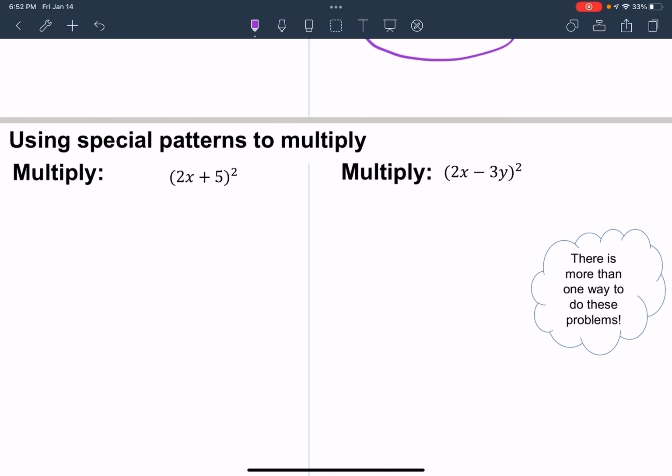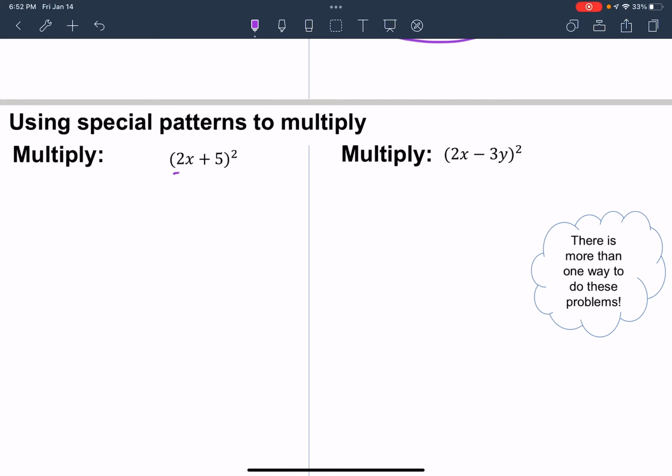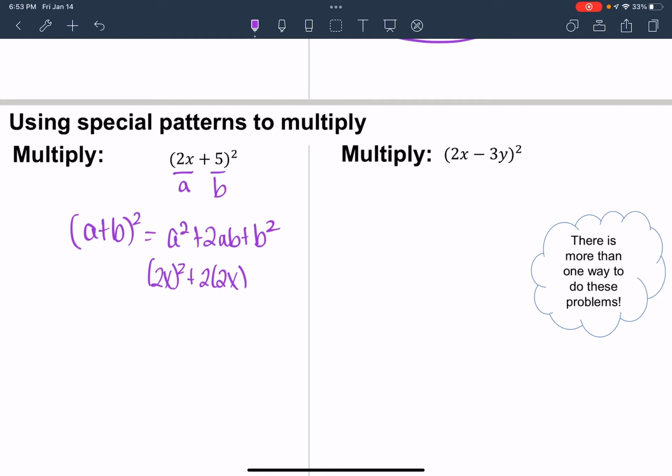So here are a few more examples. 2x plus 5 squared, so that has the form a plus b squared. So I know that when I expand that out, that's going to be a squared plus 2ab plus b squared. Now I plug into this formula, and I have 2x squared plus 2 times 2x times 5 plus 5 squared.